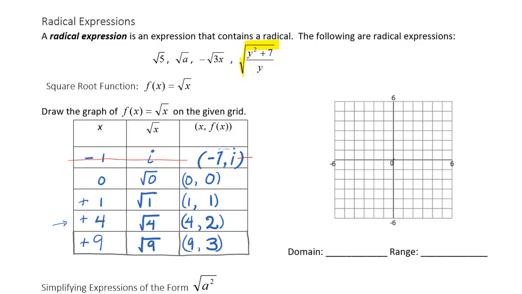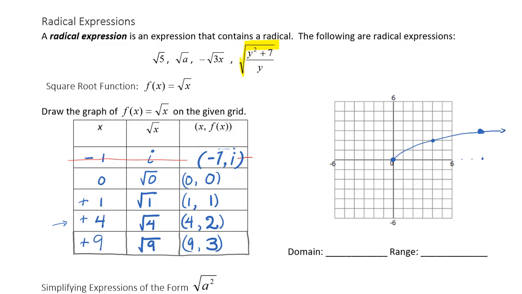Now let's graph them. 0, 0 is an option. 4, 2 is an option for graphing. And then I'm just going to count over. I know this is not on the graph, but just to get a trend line, I'm going to go over to 9, approximately, and then up to 3. And then I'm going to connect those dots, and we get this interesting graph.